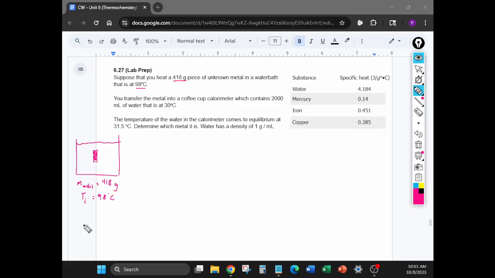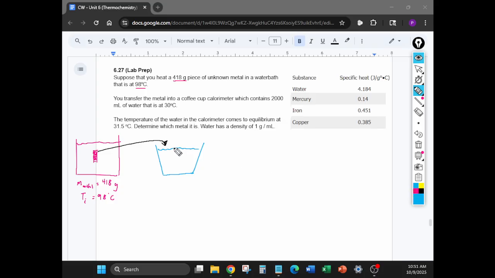So far, so good? Okay. Next, you're going to transfer this into a coffee cup calorimeter. So we're going to have our calorimeter right here. And remember, the coffee cup calorimeter is filled with water, and what you're doing is putting this piece of metal into it.